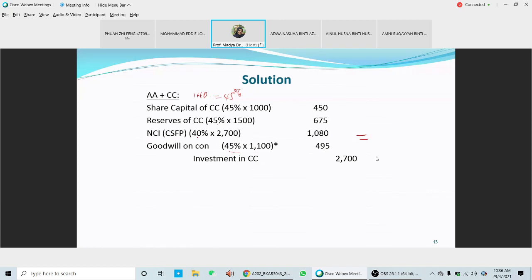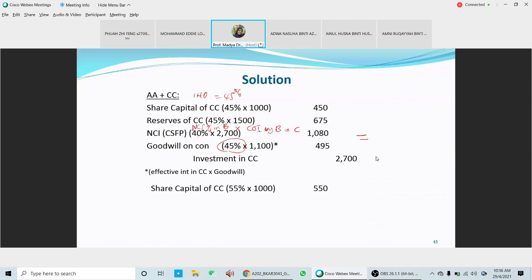The NCI here is NCI in B, the 40% NCI percentage in B times the COI of B, so go to 2.7. So for the goodwill, the parents are only entitled to 45% based on their indirect interest.